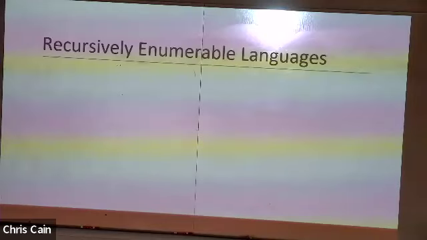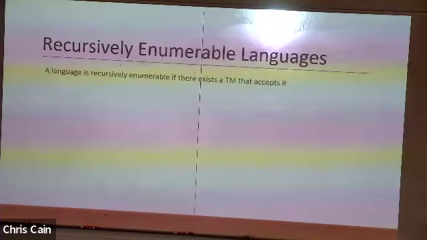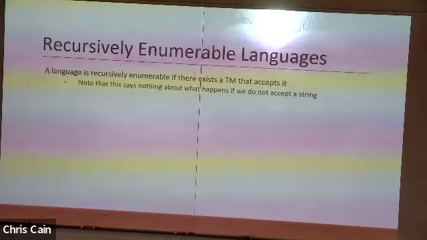So there are two more kinds of languages that we might care to reason about that are more general than just Turing machine. A language is said to be recursively enumerable if there exists a Turing machine that accepts it. When we say accepts, that's not accepts or rejects, that is just accepts.